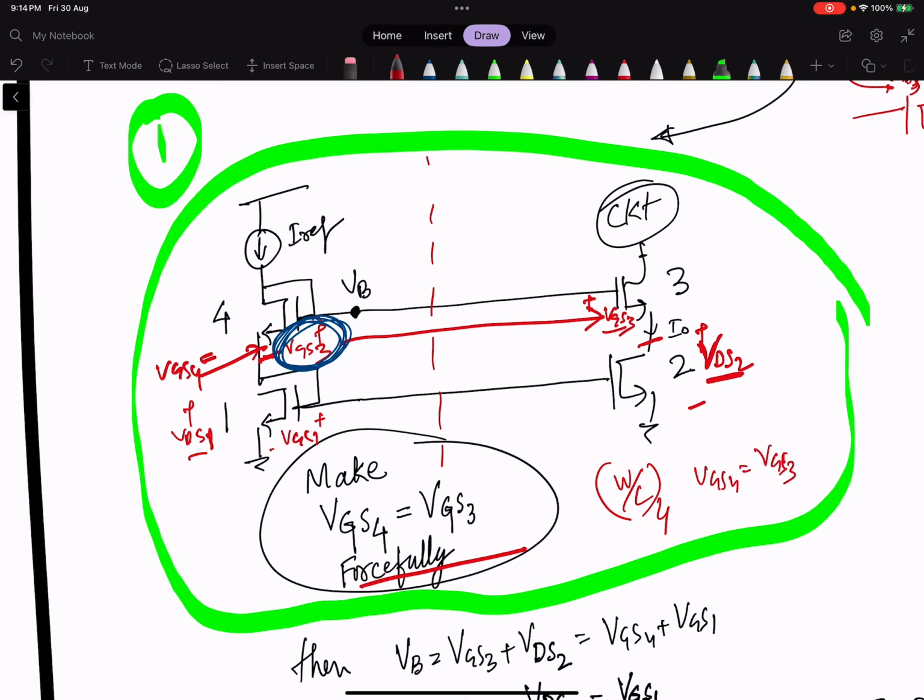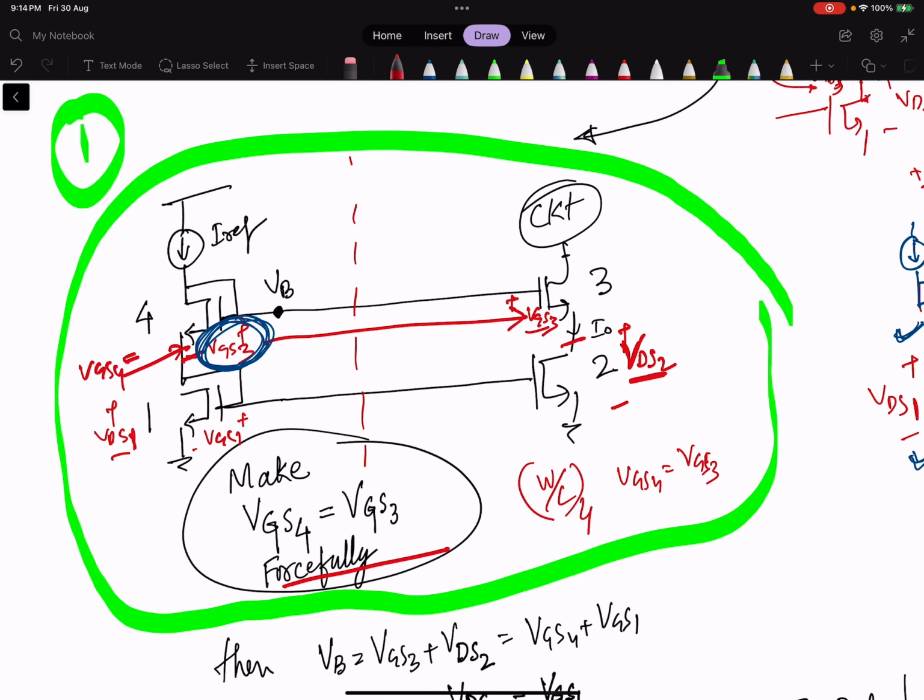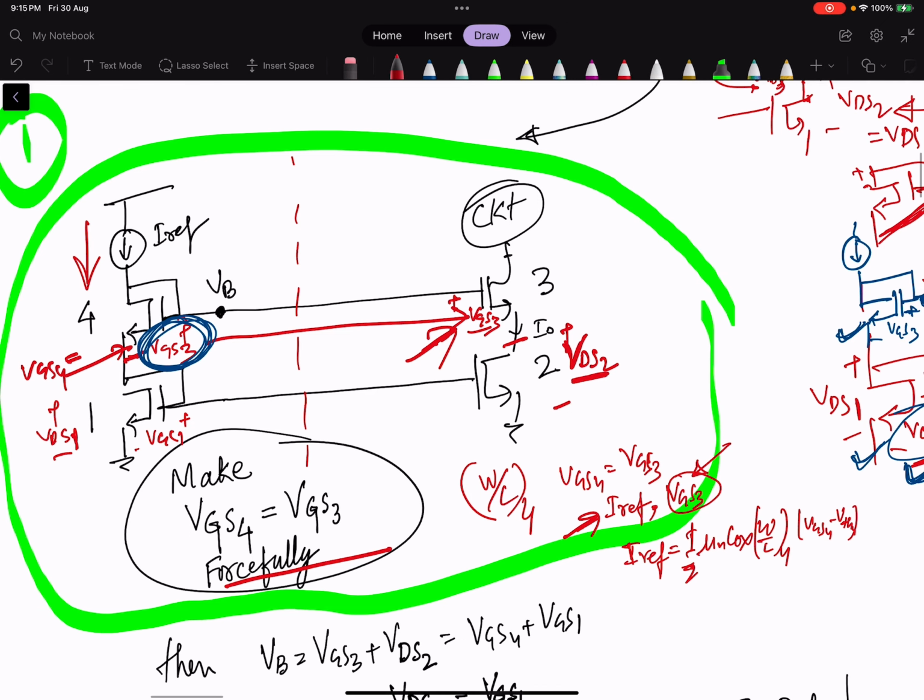And how will you design this? It's very simple. We know that we have IREF. We know what voltage we need, VGS3. We have the VGS3 requirement from here and we know what the IREF is in this circuit. So from there we have one equation: IREF equals half mu n Cox W by L4 times (VGS4 minus VTH4) whole square.